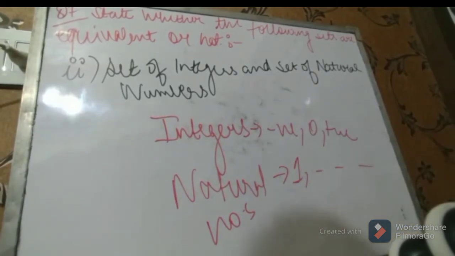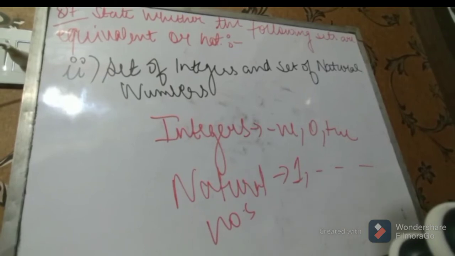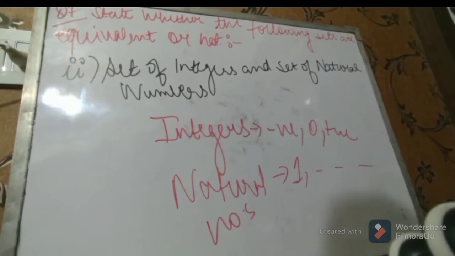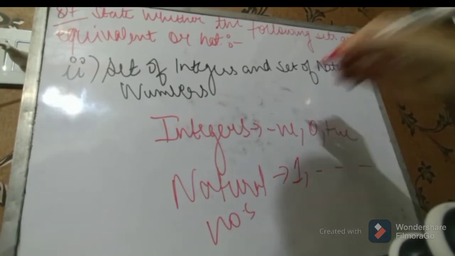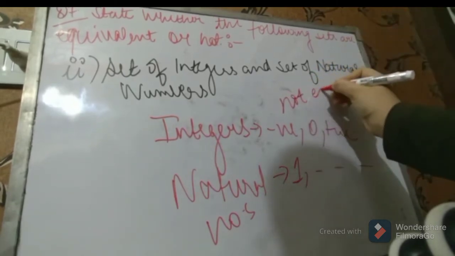Do you think that the cardinality of these sets is same? No, because integers include negative as well as 0. But natural numbers include only the positive things, so negative and 0 are not included. This implies that these sets are not equivalent.